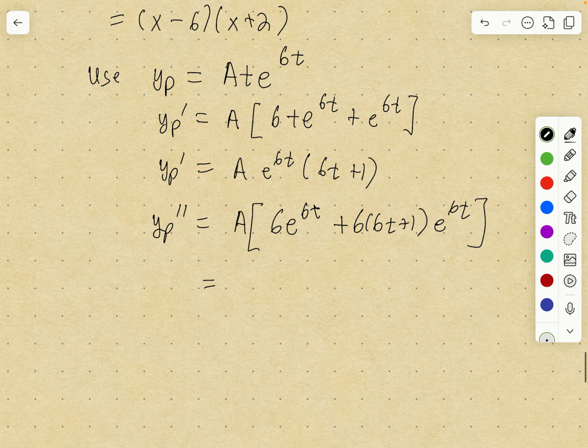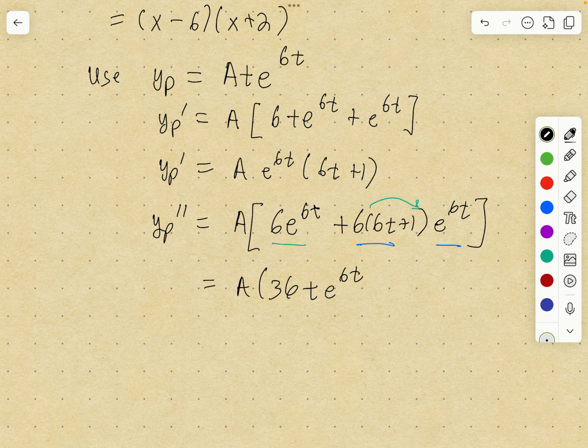So our yp double prime, let's simplify this, we have to multiply all of this out. Okay, let's gather the highest terms together. So you're going to get a t e to the 6t here, right? So you're going to get a times 36t e to the 6t. And then you get an e to the 6t term here and then one here.